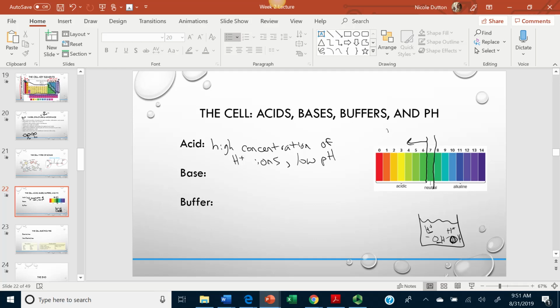Anything less than 7 is an acid. A base has a low concentration of hydrogen ions and a high concentration of hydroxide ions. Anything above 7 is considered a base.